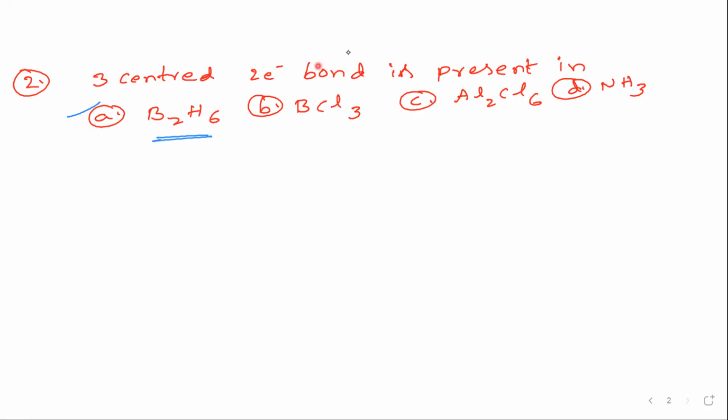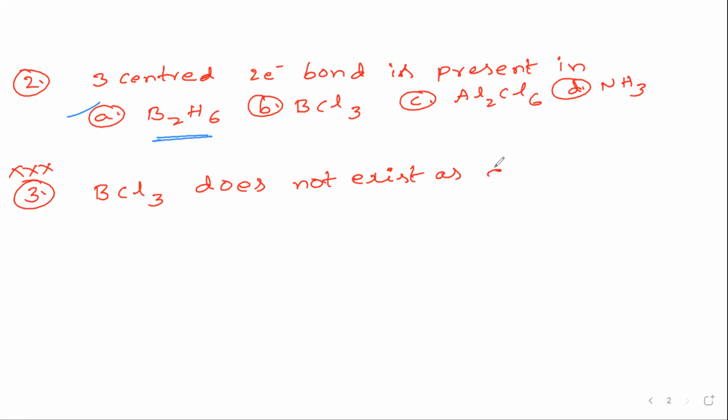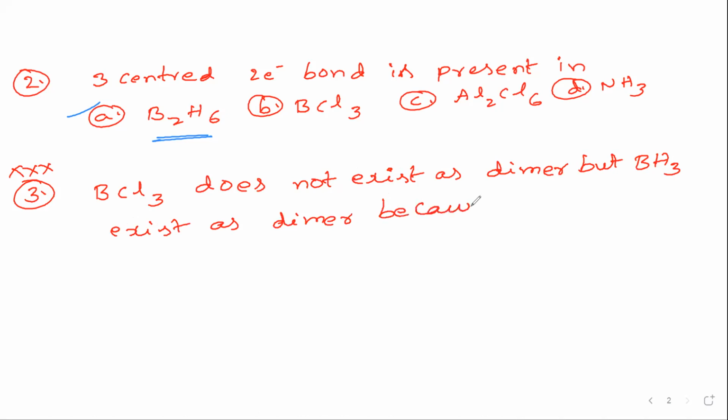Next question number 3. Just now I explained, that's why I'm not writing the answer solution properly. BCl3. This question is very, very important. BCl3, that is boron trichloride, does not exist as a dimer, but BH3, boron hydride, exists as a dimer.